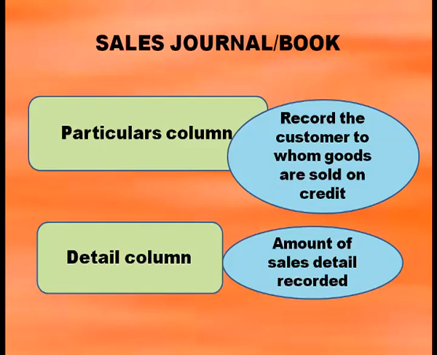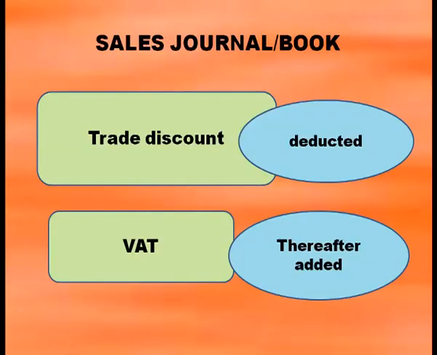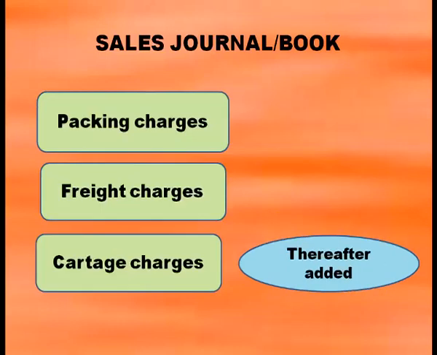In the details column, the amount of sales details are recorded. Then, if there is trade discount, you have to deduct it after doing calculations in the details column. After that, if VAT, that is value added tax, is given, then you have to add it.